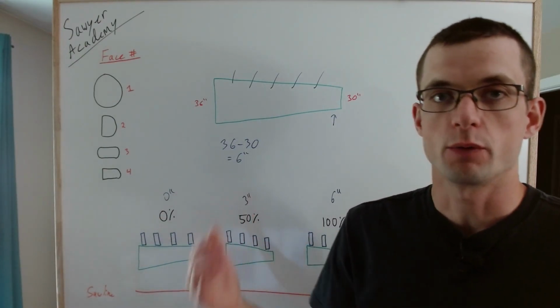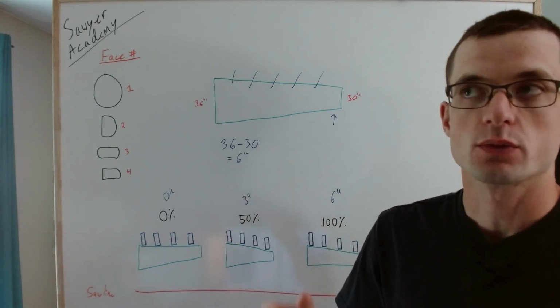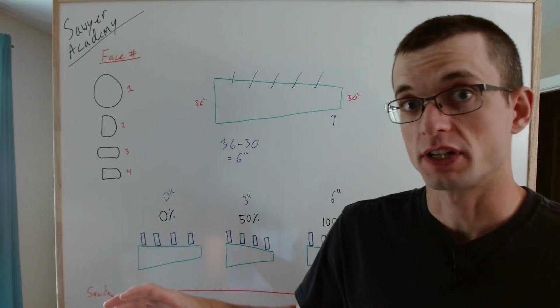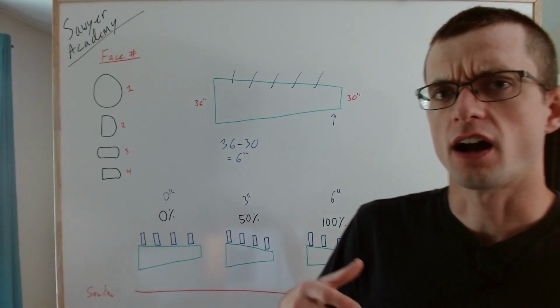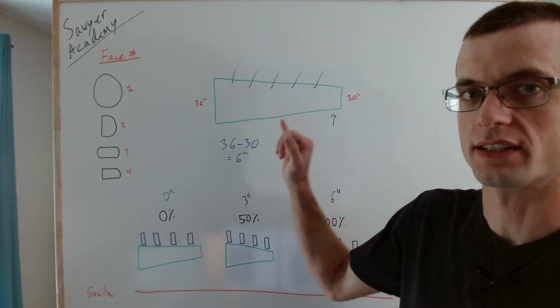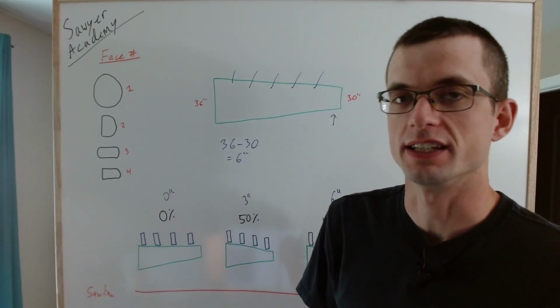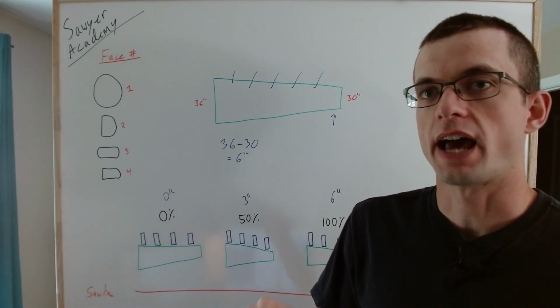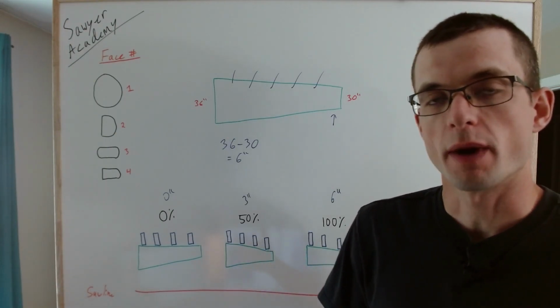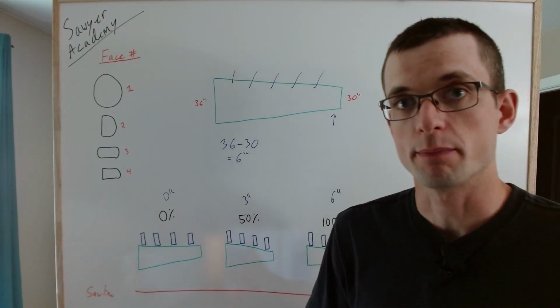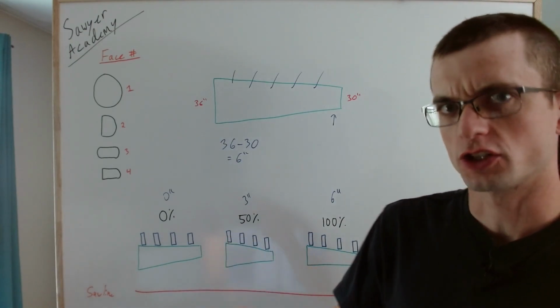We load our log and we cut it in a matter of seconds. So that's why I always stick to a 50% taper across the board. It's very uncommon also to have a log in this situation with one side good and one side bad. It does happen, I've seen it, but it's never enough that I would stop and change my computer over to a different taper compensation for just that one log.